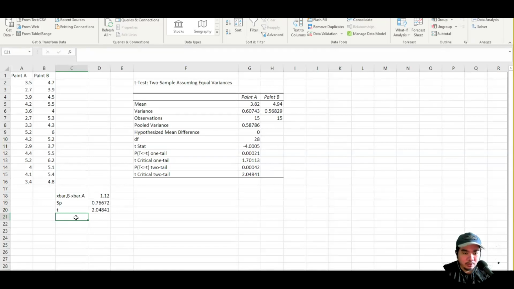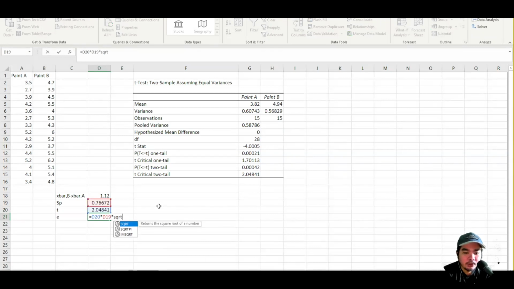Variances also given. So, pwede na mag-compute tayo ng E, no? E is equal to SP. Sorry. Is equal to T times SP. So, eto, nilabas ko na siya, kasi square root ko na eh. So, nasa labas na siya ng square root dito.